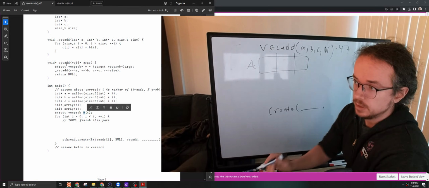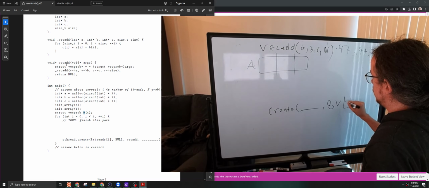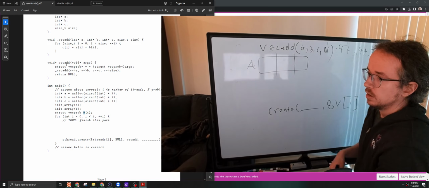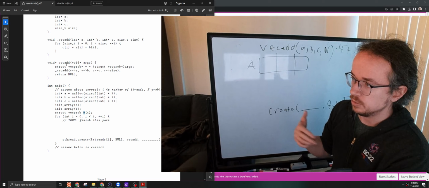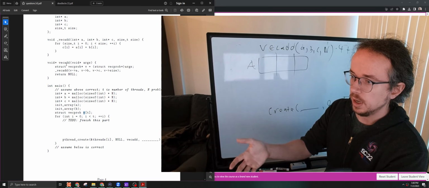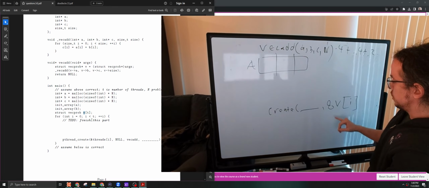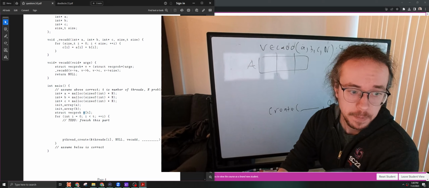So this part is pretty easy. We just want to give it the address of V at I. The ith element of V, the ith set of arguments. Each thread has its own set of arguments. Now our goal is just to fill this in right. We want the correct values in here.